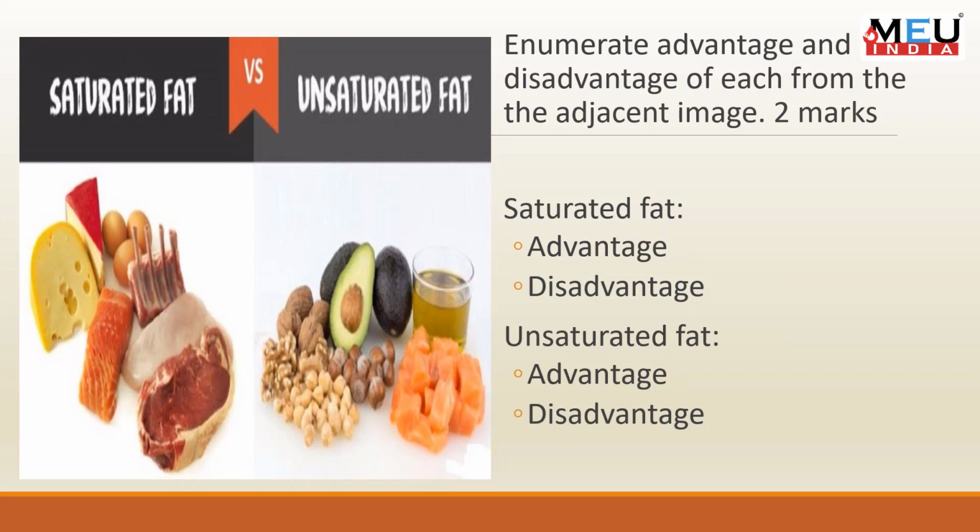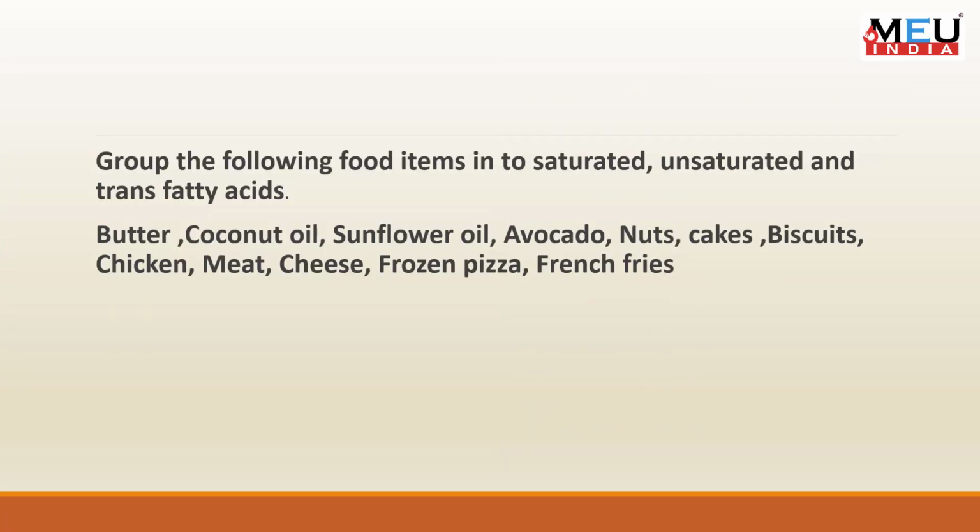So in a spot, we can ask them to give the important example of each one, or they can write down one advantage and one disadvantage on the basis of priority, or I will say importance. Then we can ask them to group the following food items into saturated, unsaturated, and trans fatty acids.